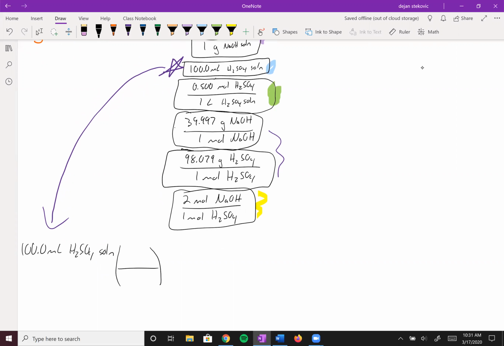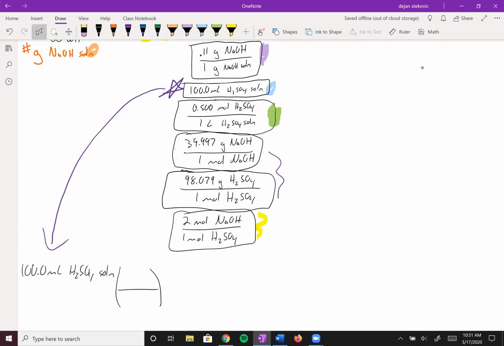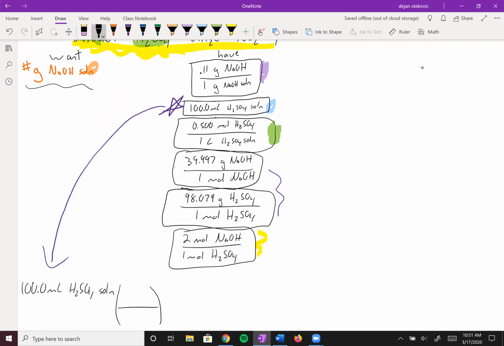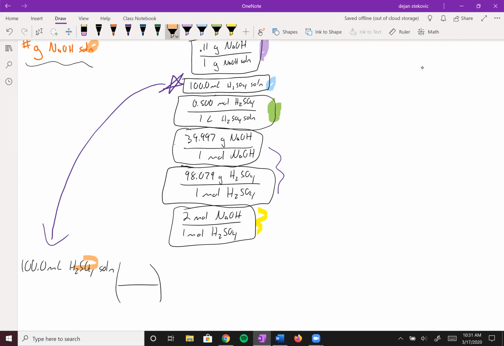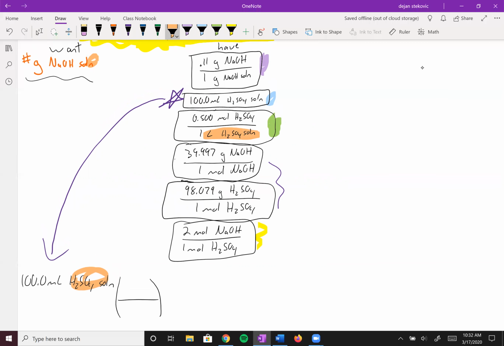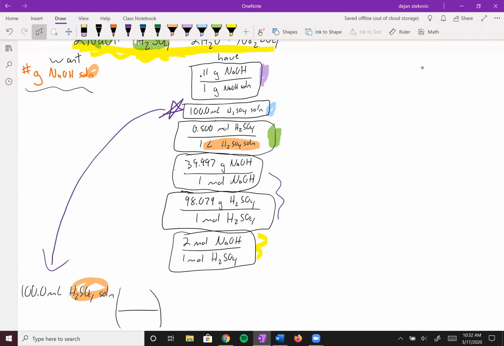All right, so now that you know your starting point, you're just going to link them together until you get to where you want, grams of sodium hydroxide solution. So we see that we have this sulfuric acid solution, so we want to take a look at where else we have sulfuric acid solution. That would be right here, right? That's the only other place that has the sulfuric acid solution.